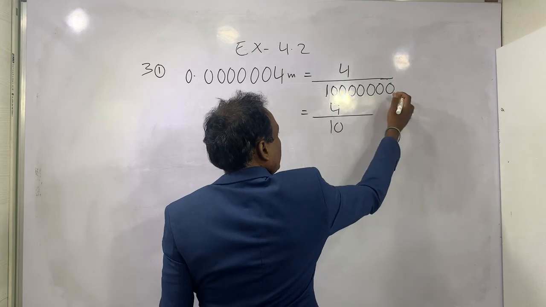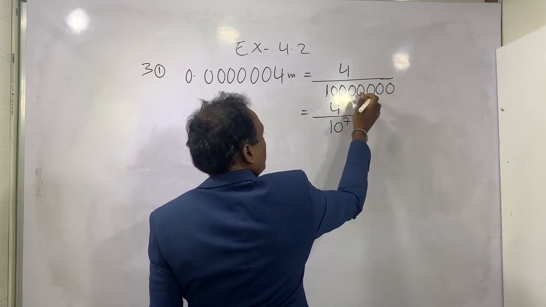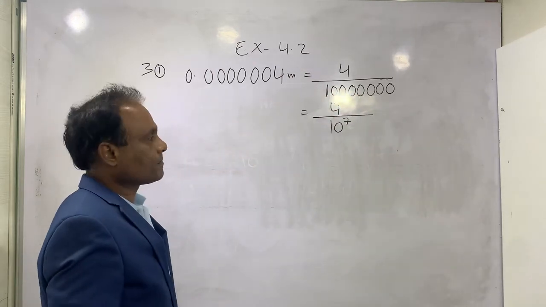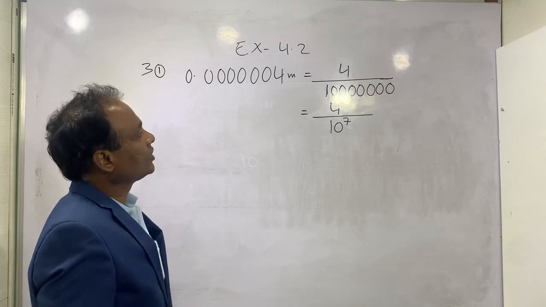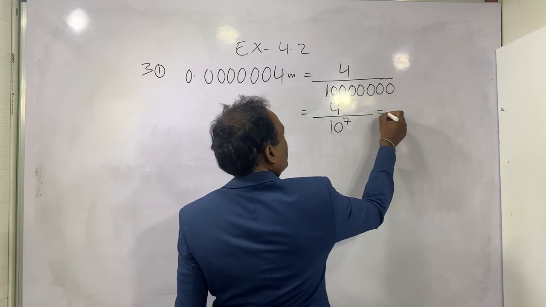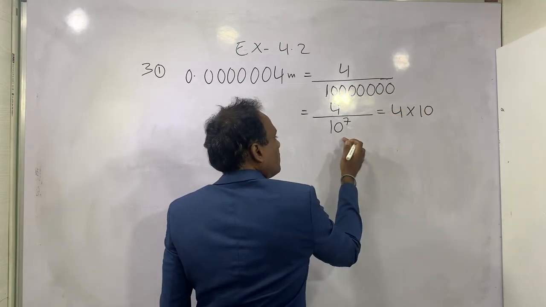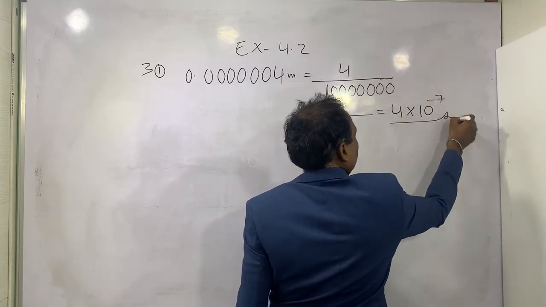This can be written as 10 to the power of 7. 7 zeros can be written as 10 power 7. So this can be written as 4 into 10 power minus 7. This is the standard form.